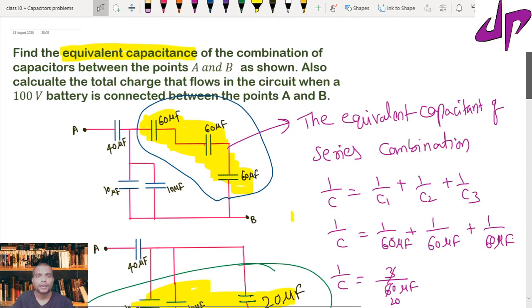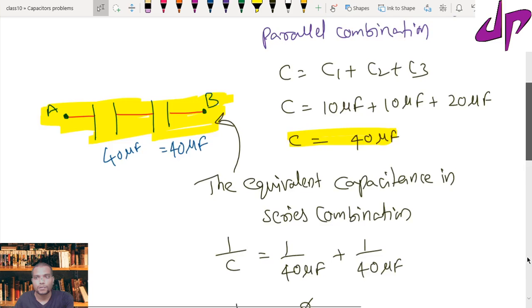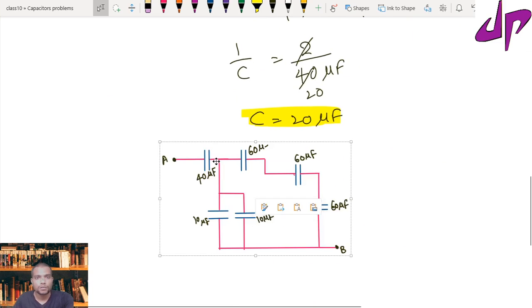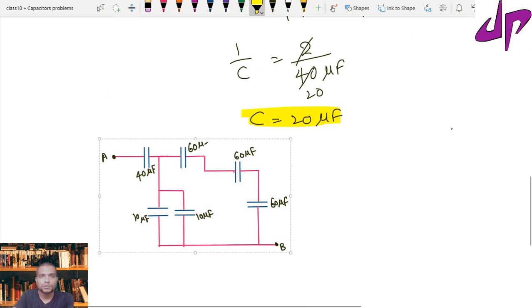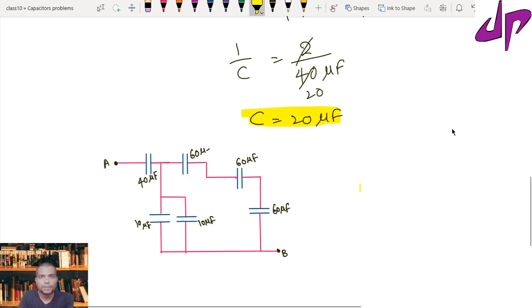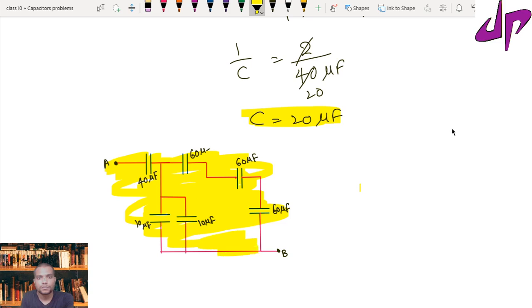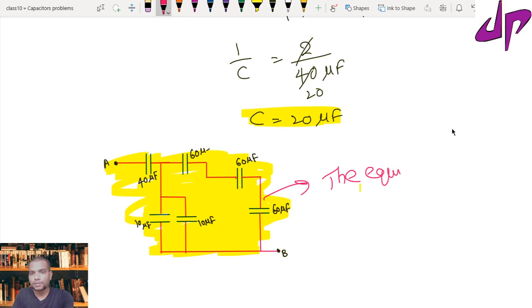So the equivalent capacitance of the given circuit, the total capacitance of the combination of all these capacitors between the points A and B, is C equals 20 microfarad.